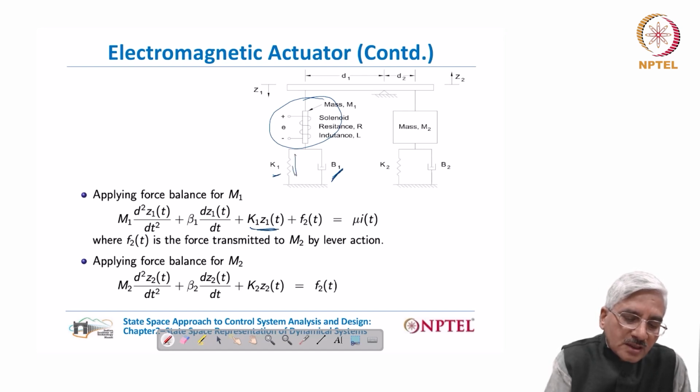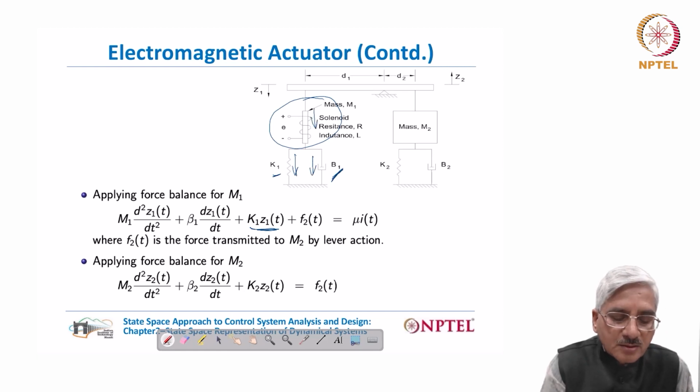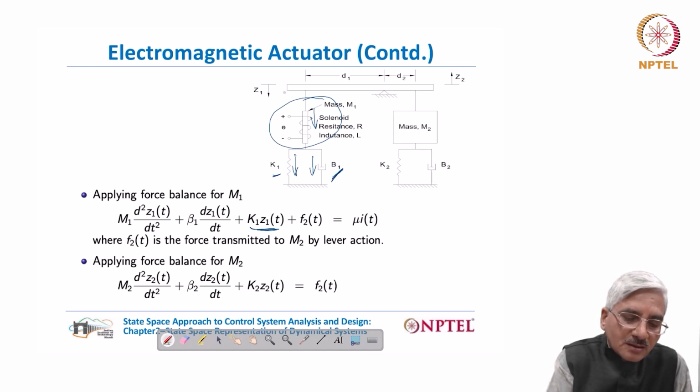These forces are in this direction, that inertia force of mass also, and there is a force because motion of the lever this side results into motion of the lever on this side pulling the mass M2 against the spring force K2 and the dashpot force through beta 2 and the force of inertia of mass M2.